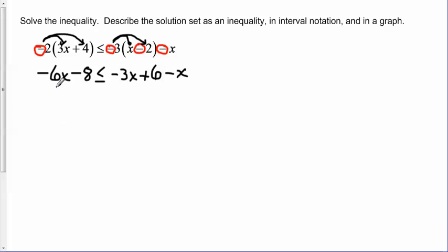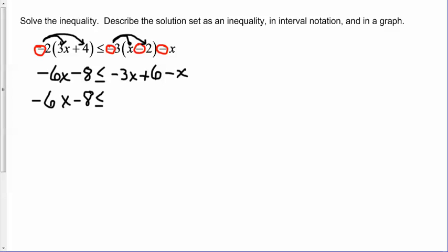Now when we look at what we have, we see that the left side is as simplified as it can be. It has a single x term and a constant term. But on the right side, we have two x terms going on. So let's go ahead and combine those. So the left side is still going to stay the same. So we have -6x minus 8. That side doesn't change. It's still less than or equal to.